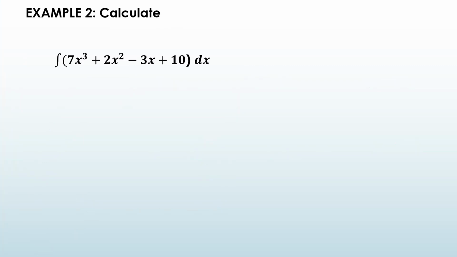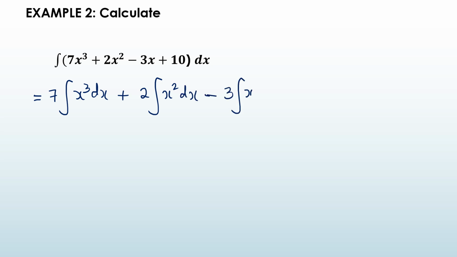In our next example, I am going to apply one of the properties. So this time you've been given a combination of functions. So I'm going to rewrite this in this form. I've kept the constants outside. And then I'm going to apply the formula x to the power n plus 1 over n plus 1.